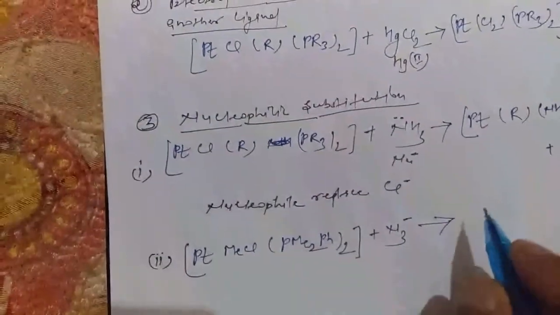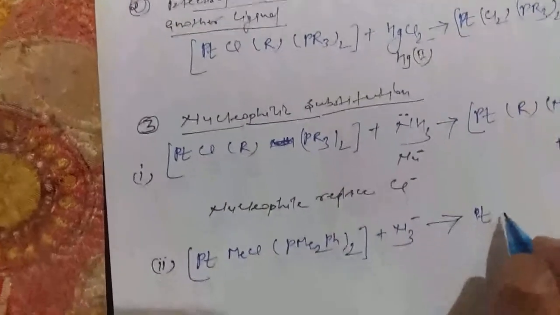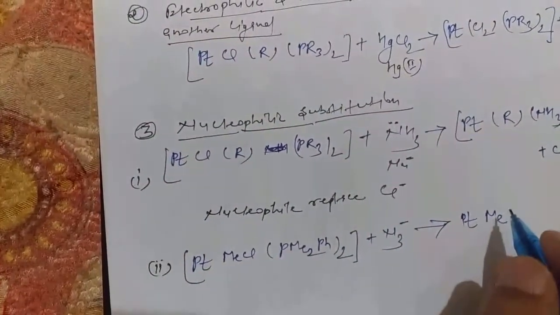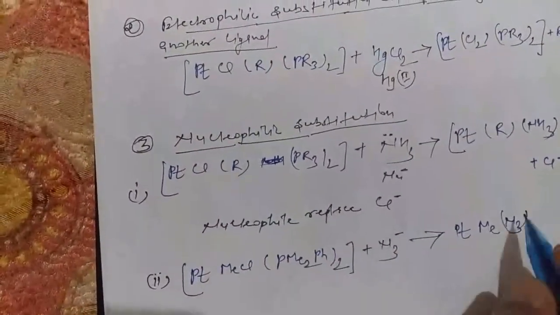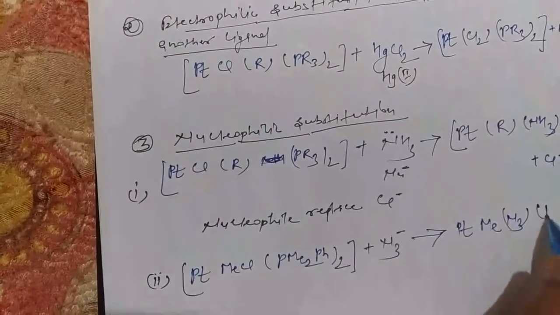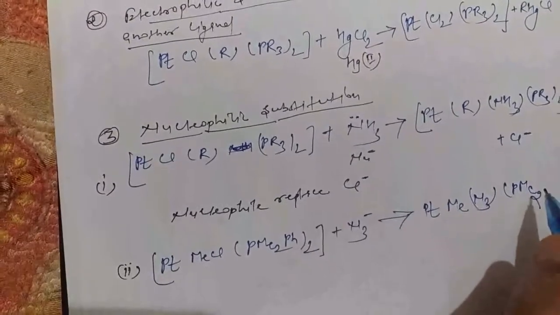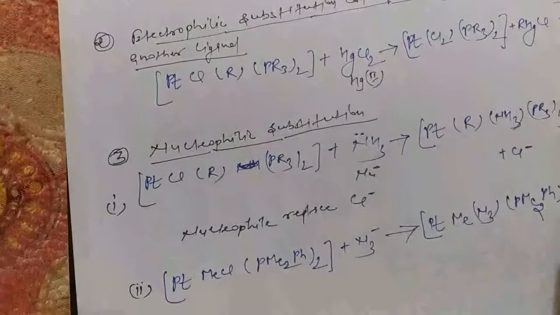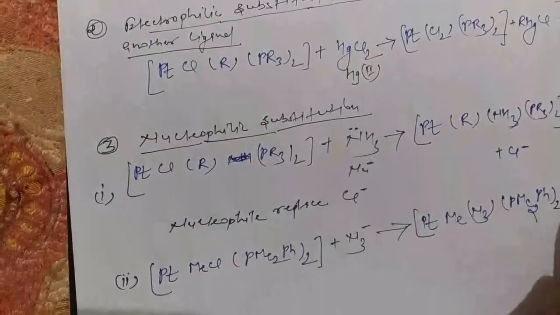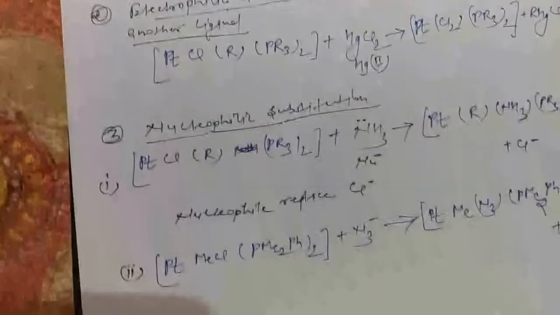So what will happen here, this will give Pt Me, one Cl will be replaced by N3, and the rest of the thing will be the same, like PMe2Ph twice, and this will give a positive charge with negative.